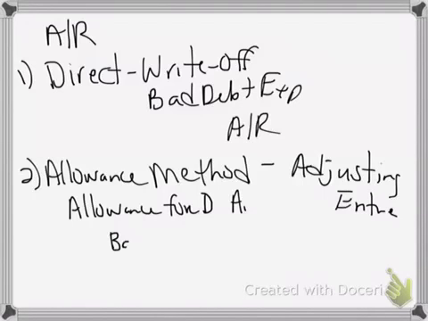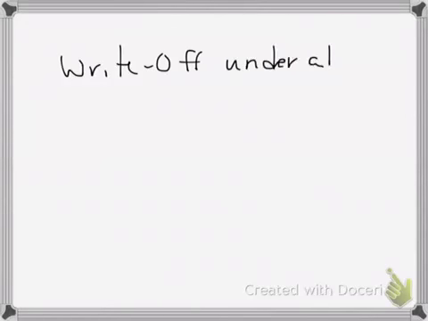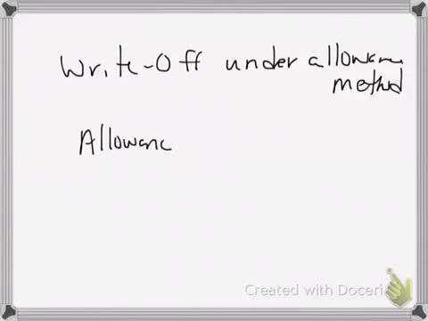And you would actually have the bad debt expense at the end of each period, and then you would have that allowance for doubtful accounts. Then when we get ready to write it off under the allowance method, it would come out of what we had in that allowance for doubtful accounts and out of that accounts receivable.